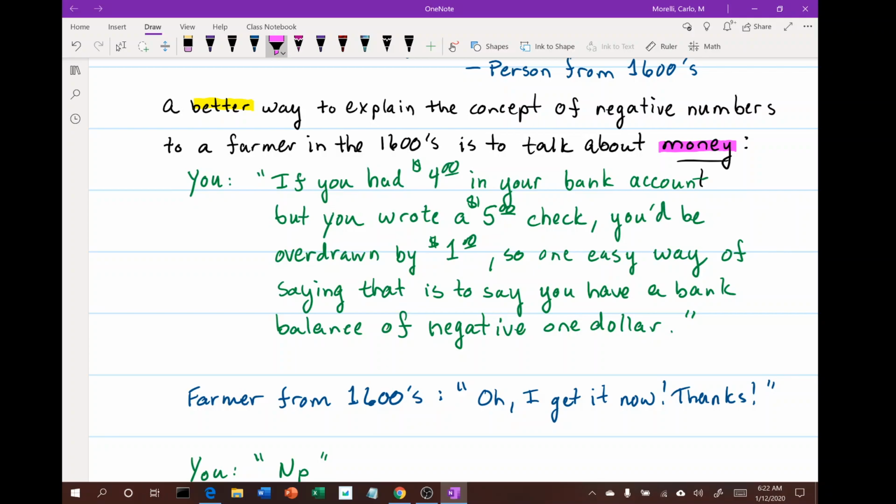So one easy way of saying that is to say that you have a bank balance of negative $1. Makes sense. If you have $4 in your bank account, you go to the store and buy some groceries, and you write a check, and those groceries cost $5 or $6 or $10, and the store deposits that check, then your bank is going to put an overdraft on your account because you've gone into a negative balance. So we have an understanding of negative numbers just with our money.